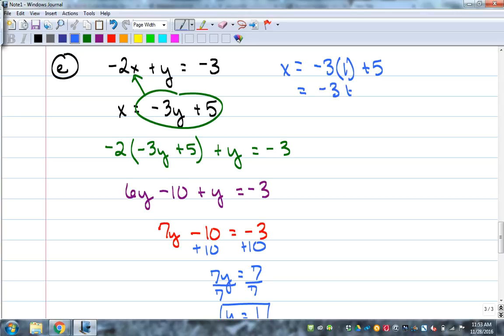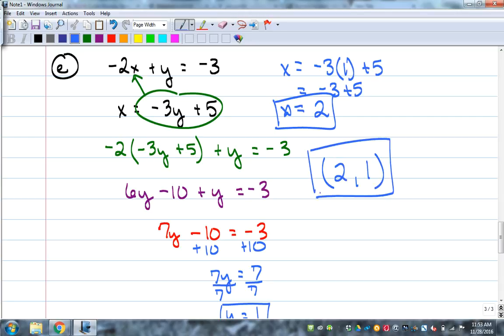It'd be negative 3 plus 5, which is positive 2. So x is positive 2, y is positive 1, so it'd be the ordered pair 2, 1. That ordered pair is the final answer that you're after here.